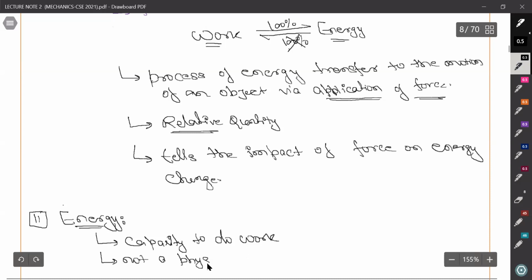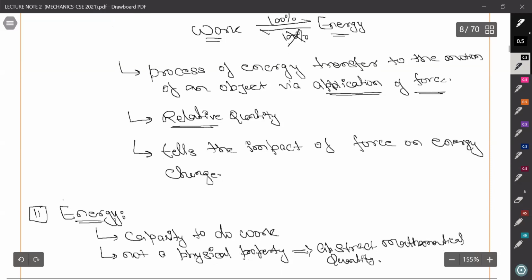Just try to understand, it's not a physical property. It's an abstract mathematical quantity, like happiness or sorrow.